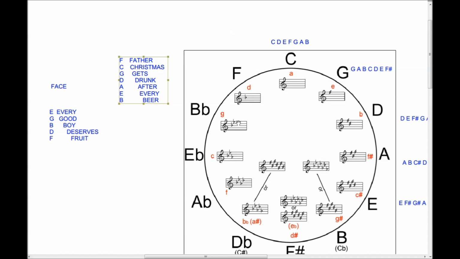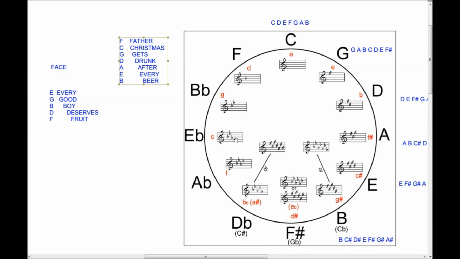So the next one will be E from every. The next one will be A from our FACE acronym, see it there in between. Next one will be D, we're just adding one as we're going around.